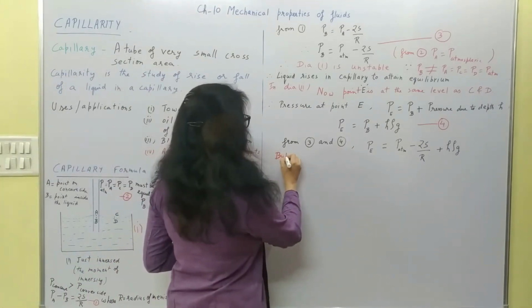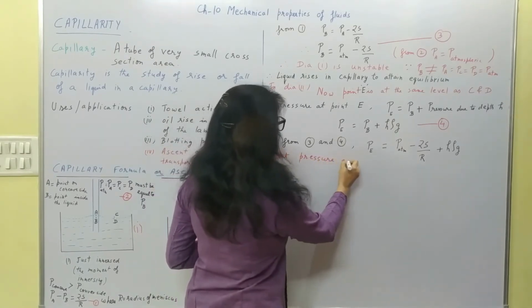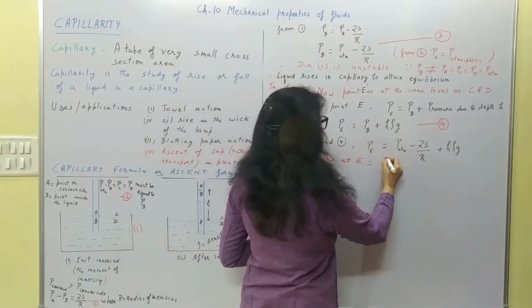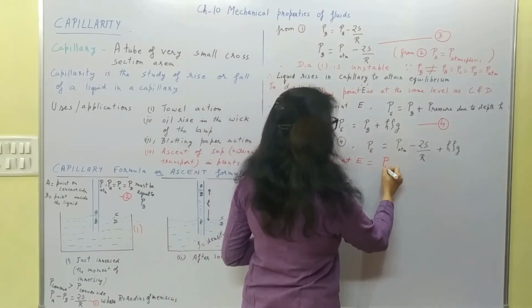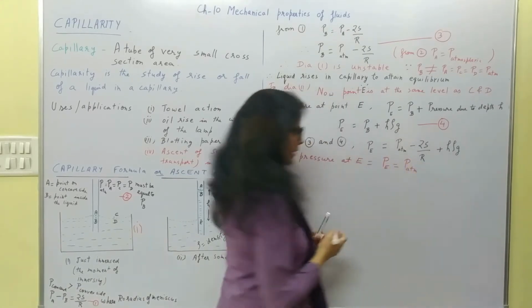So, but pressure at E is equal to PE, and this is actually atmospheric pressure.